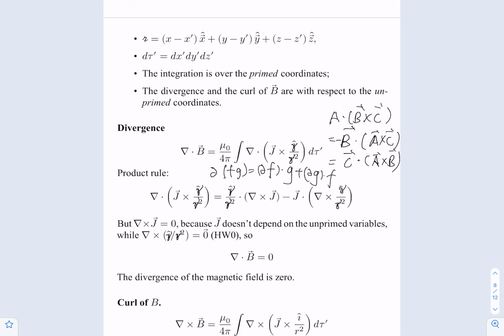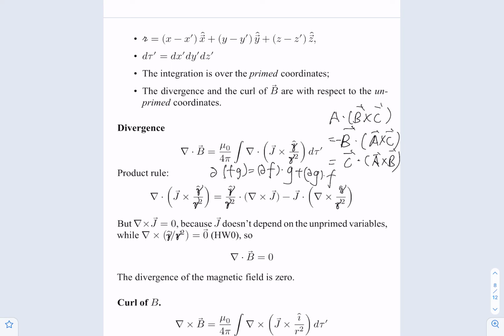In the first term, because J is a function of r prime, the del cross J must be 0. And the second term is something that we just calculated in homework 0.